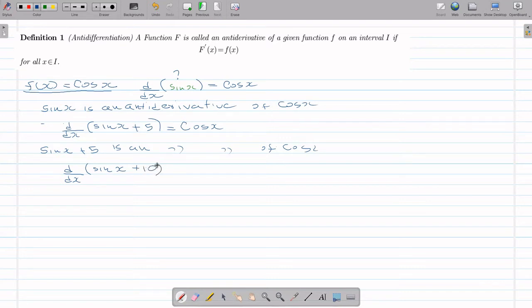Here if I differentiate sin x plus 10, it also gives cos x, because the derivative of a constant is 0.